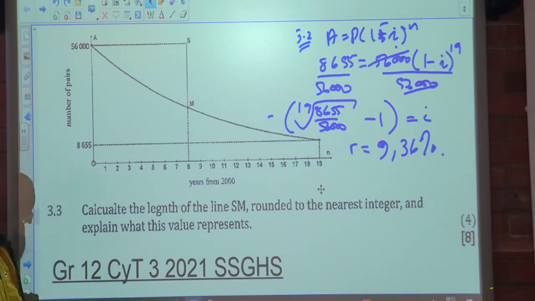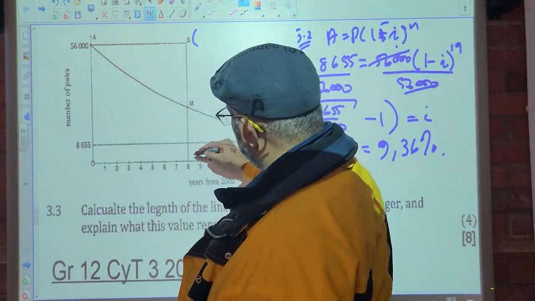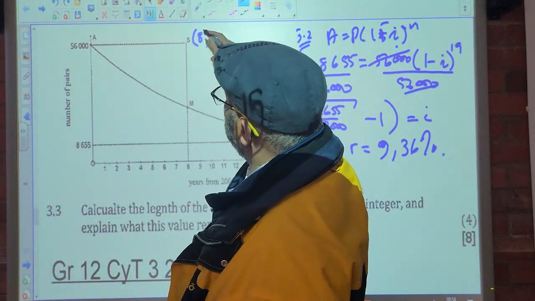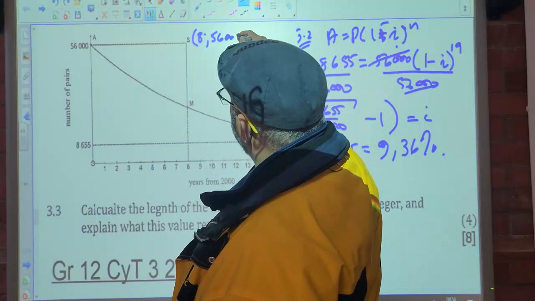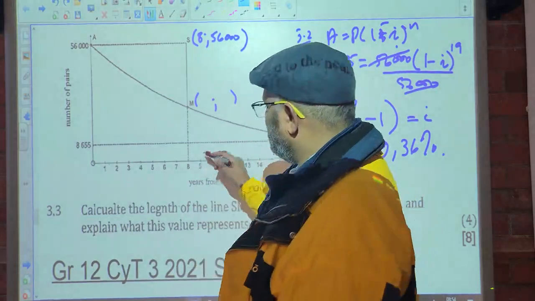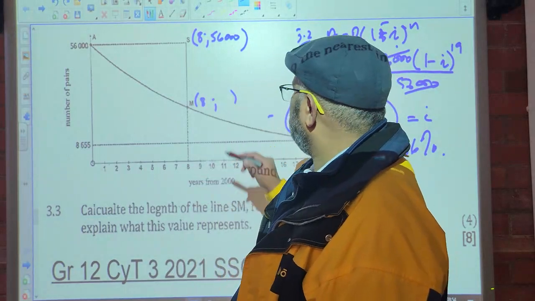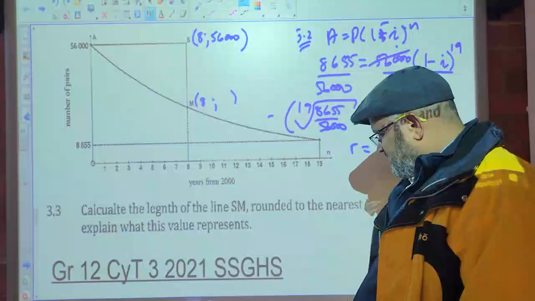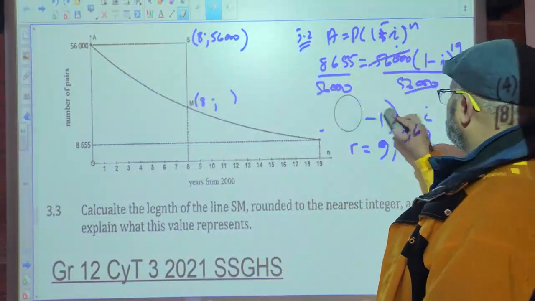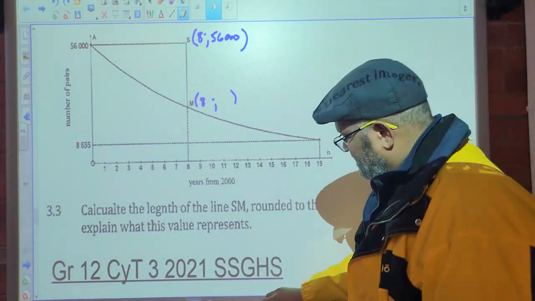But if you look at S, what are the coordinates of S? S is going to be 8 and 56,000. So M is what I need to calculate. But I know it's going to be 8 and some Y value. So I know the rate, the decay rate, or the drop, or the reducing balance rate is this here.